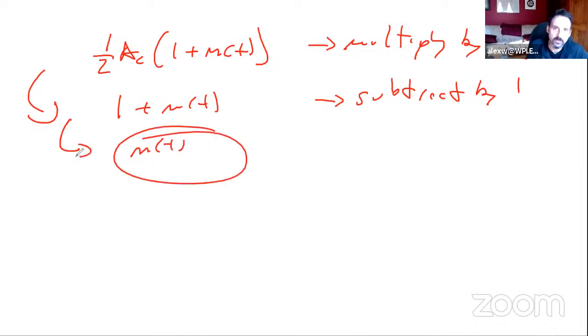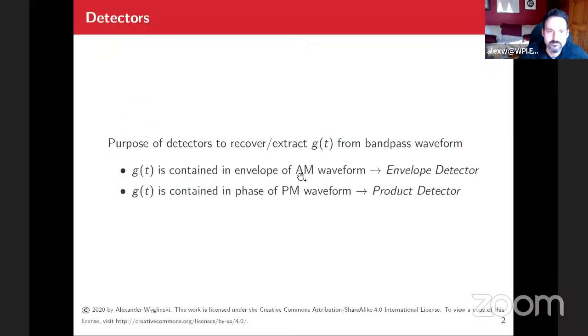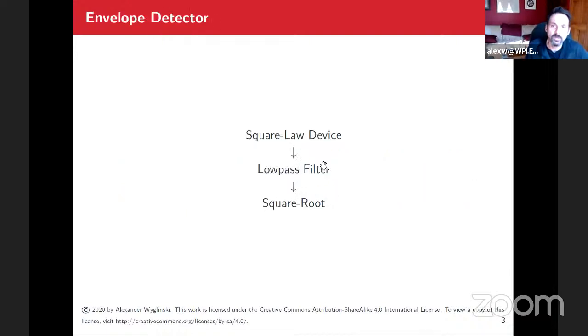So that's how you extract out your m of t. So if we go to the slides, this is what we call an envelope detector. So the process I articulated, that's one way of doing that.